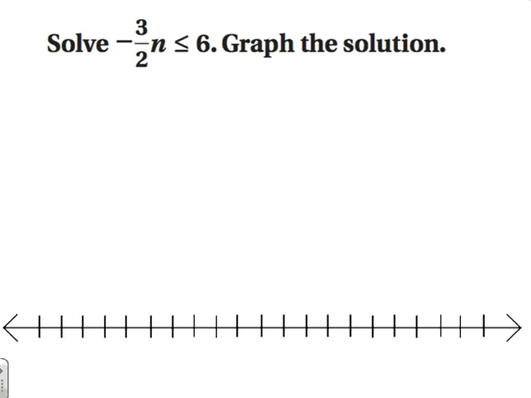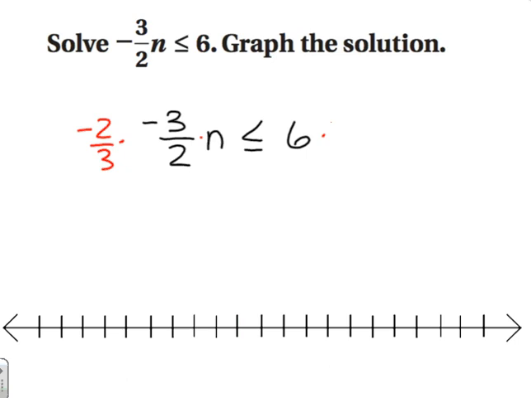Next example, we have negative 3 halves n is less than or equal to 6. Just like when we were solving equations, if we want to undo multiplying by a fraction, we're going to multiply both sides by the reciprocal. So I'm going to flip this and make it negative 2/3.